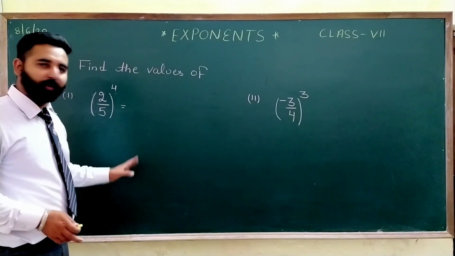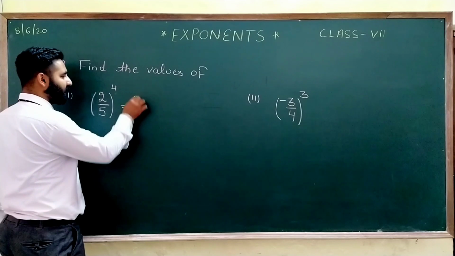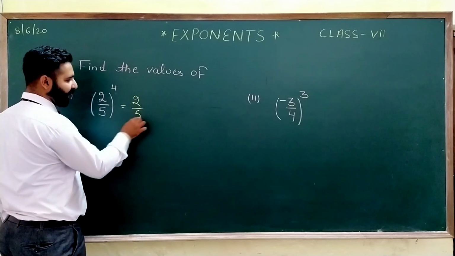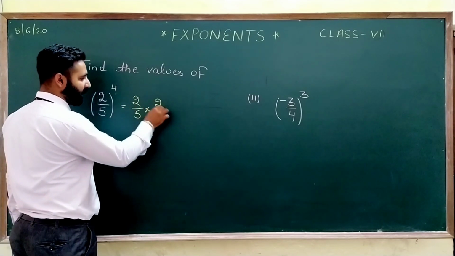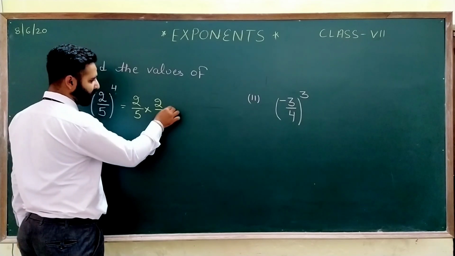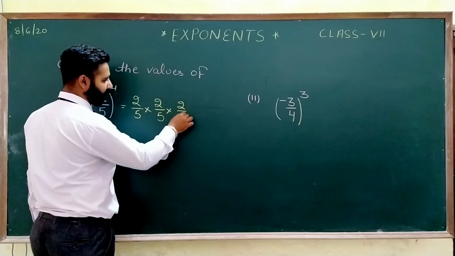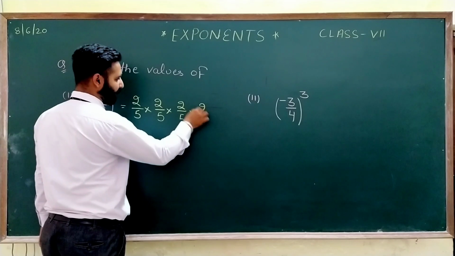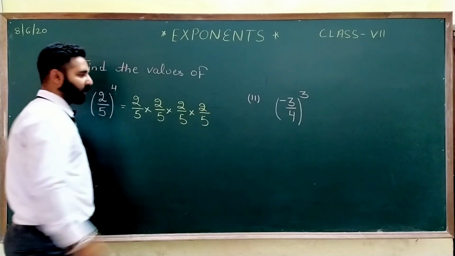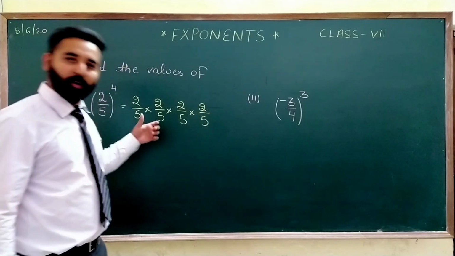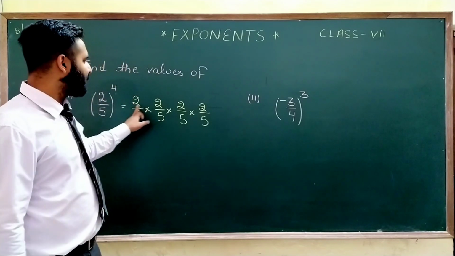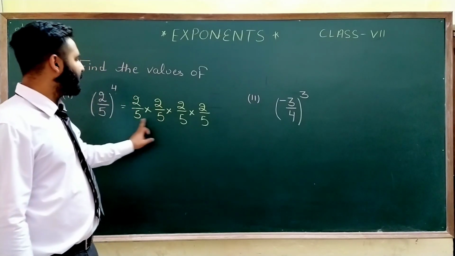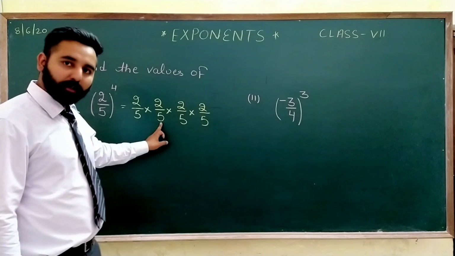This thing we have already discussed. So it will become 2 upon 5 multiplied by 2 upon 5, 4 times. Multiplication of fractions we have already done: the numerator will be multiplied by the numerator and the denominator by the denominator.